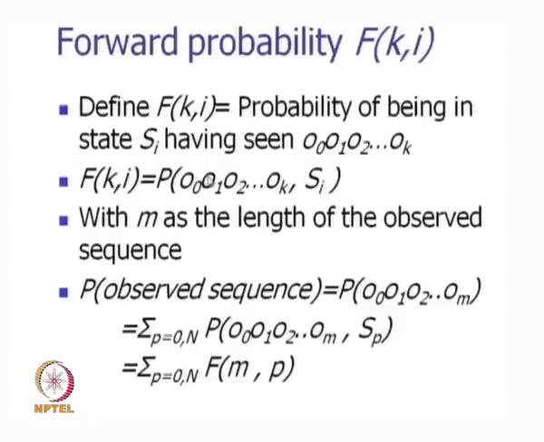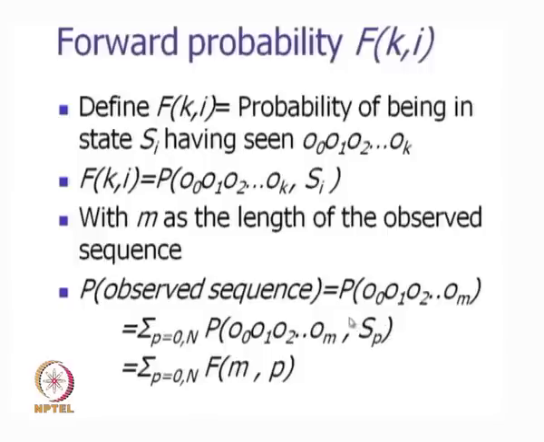So, it is a joint probability, the probability of two events happening, with m as the length of the observation sequence. The probability of the whole observed sequence is P(O 0, O 1, O 2 up to O m), and now we employ marginalization, and this probability can be written as equal to P(O 0, O 1, O 2 up to O m, S p).